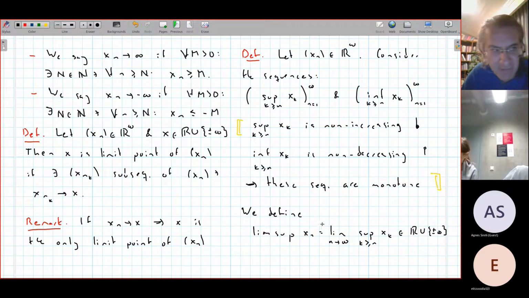And in similar fashion, I'm going to define liminf. So it'll be the limit when n goes to infinity of these infima. Okay. Please let me know when to turn the page, ladies.